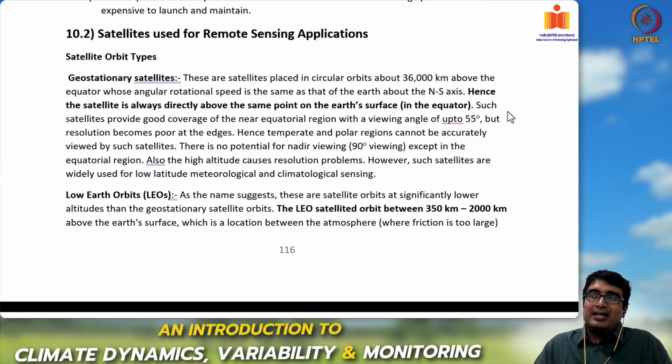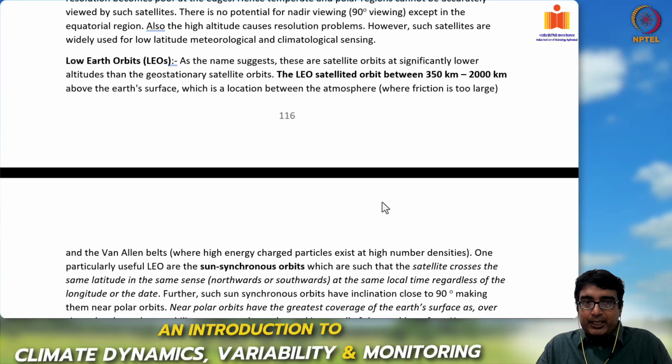The next class, which is widely used for climatological and meteorological applications, is low Earth orbiting satellites, or LEOs. As the name suggests, these are satellites in orbits at significantly lower altitudes than the geostationary satellite orbits.